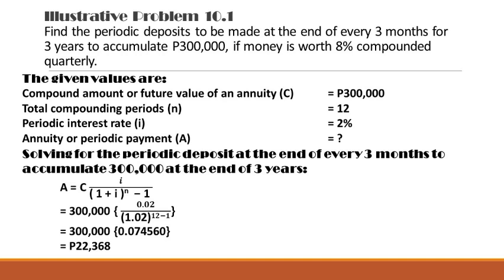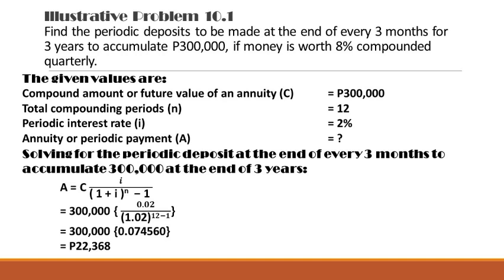Solving for the periodic deposit at the end of every 3 months to accumulate 300,000 pesos at the end of 3 years. So here we have the formula to acquire the annuity or the periodic payment A. So A is the annuity, which is equals to C or the compound amount or future value of annuity C multiplied by I, which is the periodic interest rate, over the quantity 1 plus the periodic interest rate I raised to the power of n, which is the total compounding periods, minus the quantity 1.